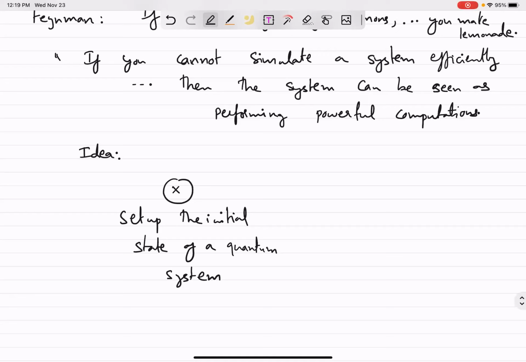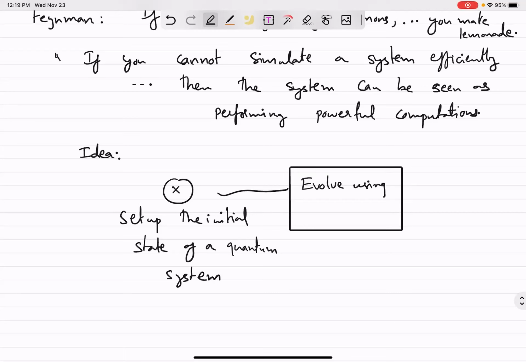All those destructive interference patterns and whatever you have, we evolve using quantum mechanics, right? And then you get one. So you want this to be useful for something.